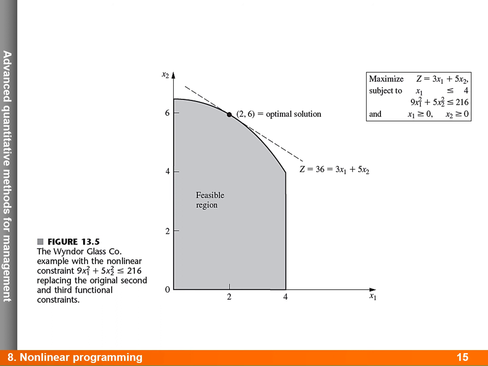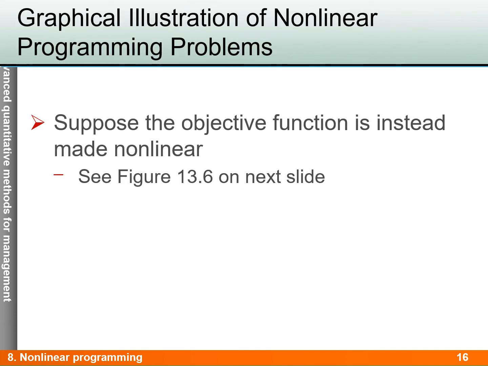Now, let's review when the objective function changes to a nonlinear form. In this part, we suppose that the linear constraints are kept unchanged, but the objective function is made nonlinear, as we see in the next slide, figure 13.6. Let's see what happens graphically to this solution.